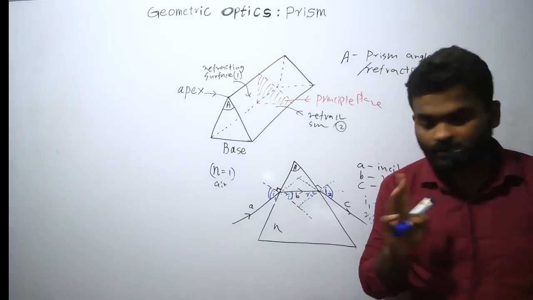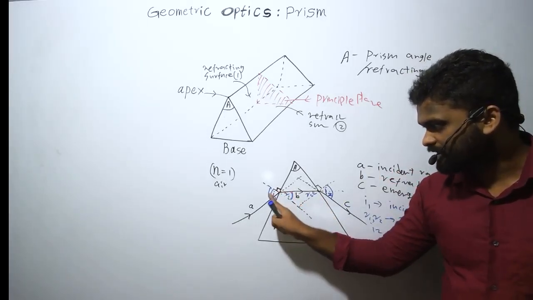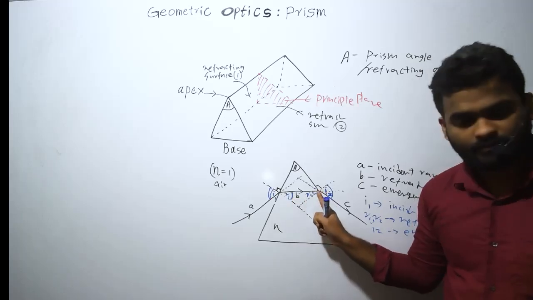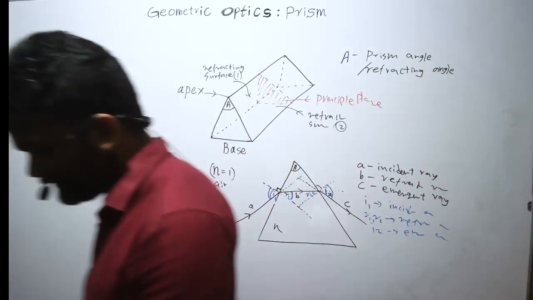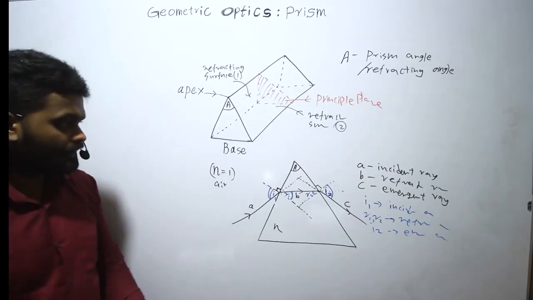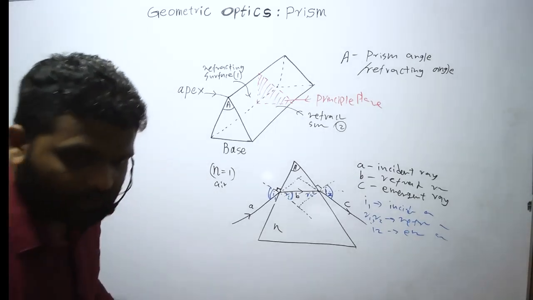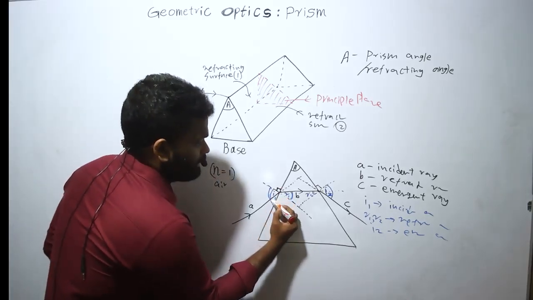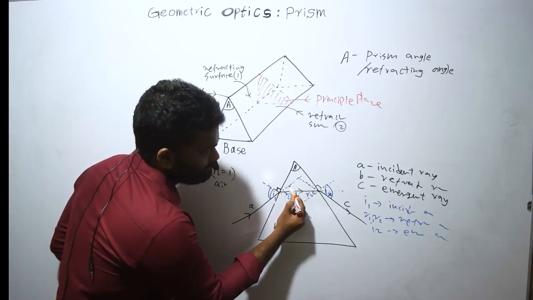Then you need to write some equations between these angles, I1, R1, R2, I2, right? Think about this one. The ray was going to go like this and it has bent here.